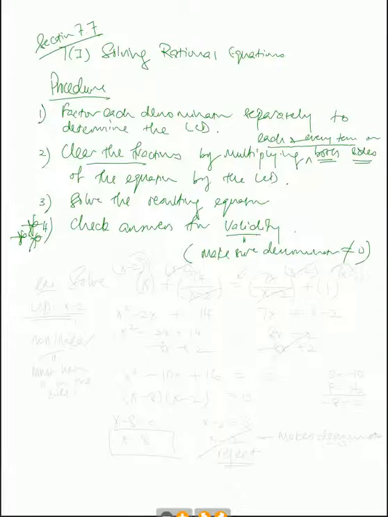Okay, so let's try the first example. Say you're asked to solve x plus 14 over x minus 2 equals 7x over x minus 2 plus 1. So this is a rational equation, because there's an equal sign right here.